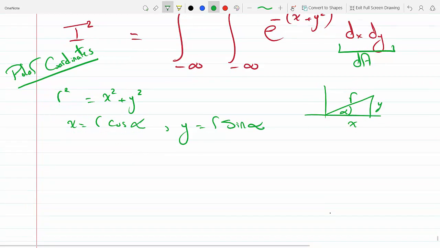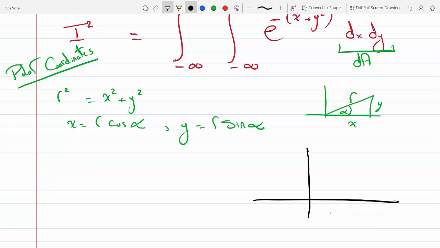Well, in polar coordinates, what's the dA? If you were to take a piece of an area, let's say this guy here is dr, and if this angle here is theta, this angle here would be d theta, and if this is r, this would be r d theta.